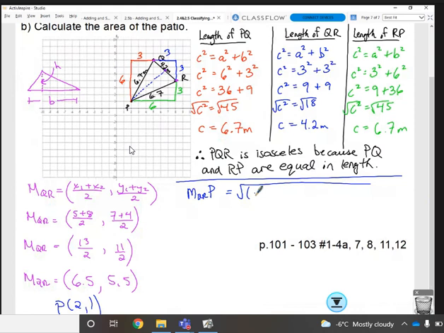So x2, let's say 6.5 minus x1 squared plus y2 minus y1 squared. 4.5 squared plus 4.5 squared.